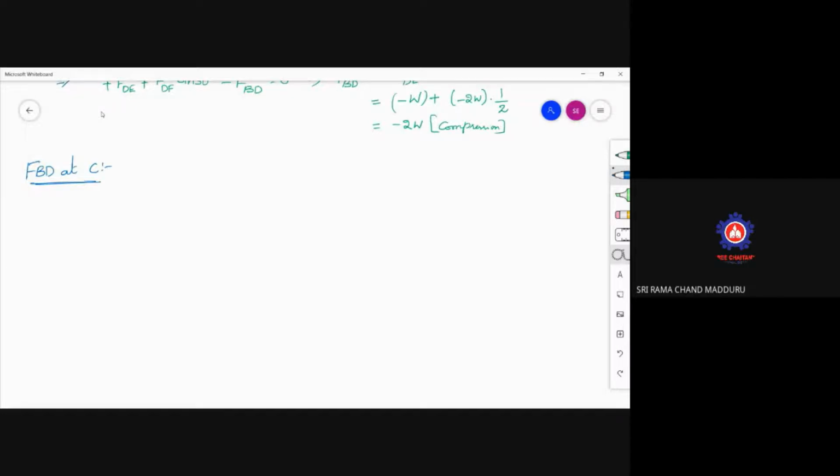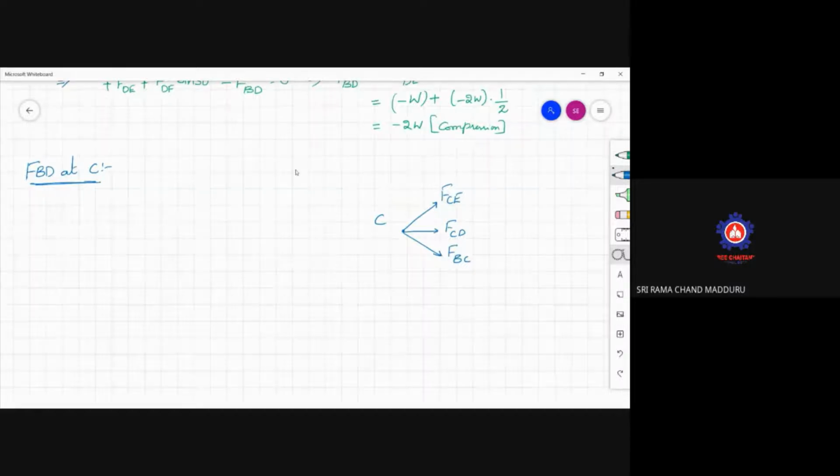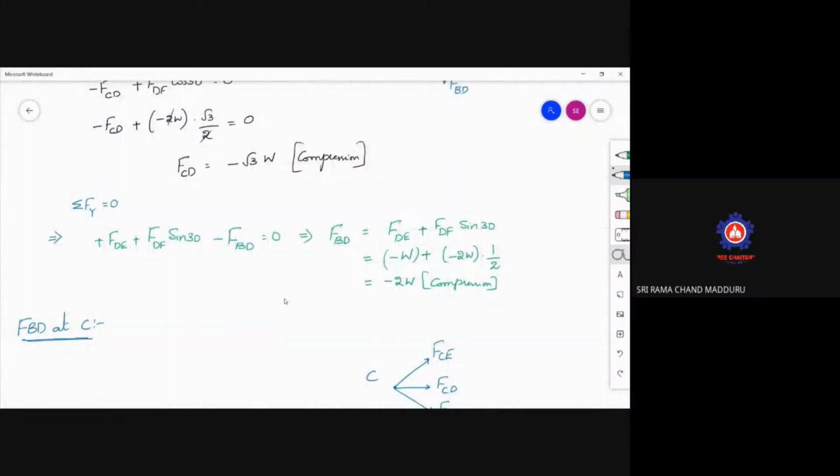So to get the free body diagram at C, represent all the forces. This is force in CE. The horizontal force is there, which is force in CD. An inclined force is there, which is force in BC. Did we get the force in BC?